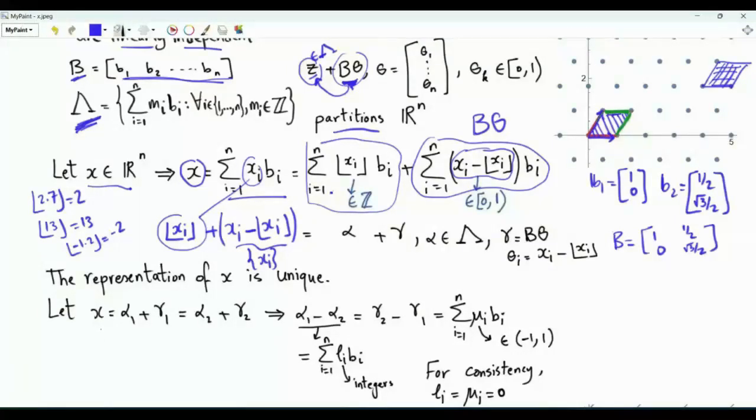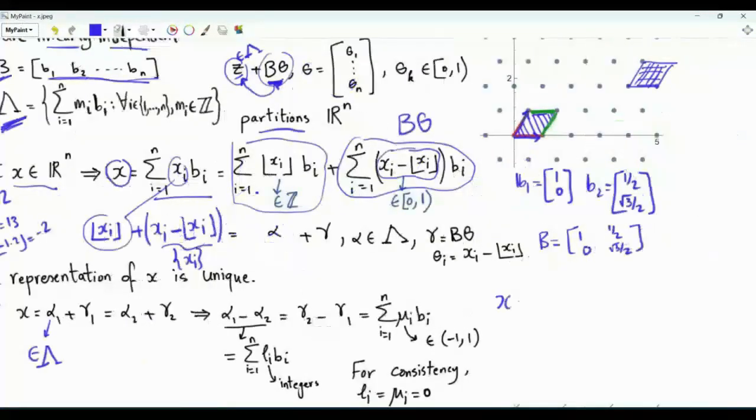Suppose that a general vector x in the n-dimensional space is equal to alpha 1 plus gamma 1. So alpha 1 is the vector that is in the lattice, and gamma 1 is a vector that looks like B theta. And also, it can be written as alpha 2 plus gamma 2. Suppose that x can be written as summation i from 1 to n, mi bi, and those are integers, plus summation i from 1 to n, theta i bi.